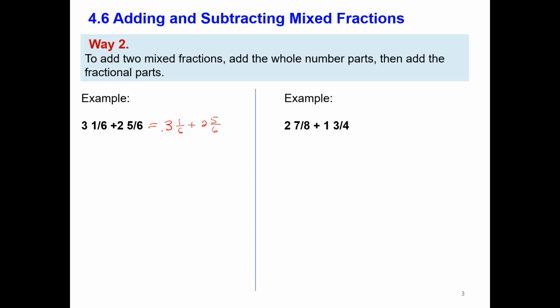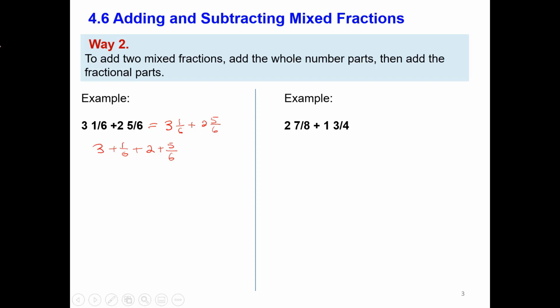We can write 3 and 1/6 as 3 plus 1 over 6, plus 2 plus 5 over 6. This is how we define a mixed fraction.